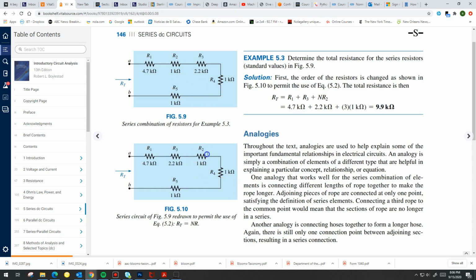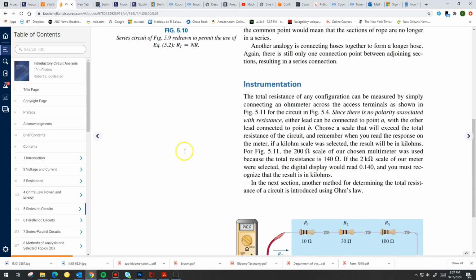Look at figure 5.10, how all the 1Ks are connected next to each other. And in 5.9, they are not connected next to each other. That doesn't matter because I can swap the positions and the total resistance is not going to change. Again, physically it may change because of positions in different parts of your circuit, but as a whole, the total resistance is not going to be affected.